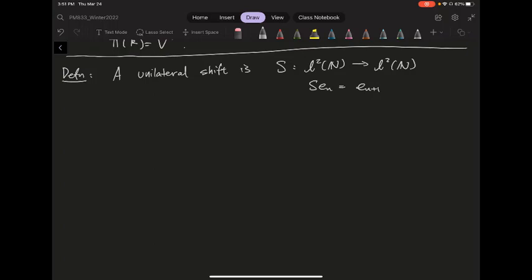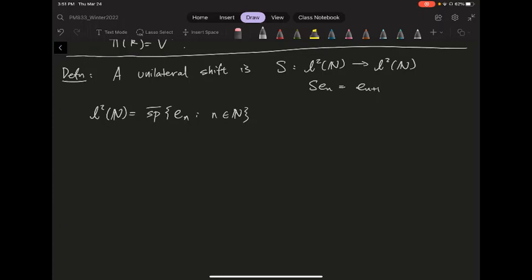And so one typical example of an isometry is called a unilateral shift. So what you do is that you take the L2 space of the integers. Because n here is discrete, you take a bunch of orthonormal basis vectors, we call them En, where n is in the natural numbers, and then you take their closure.